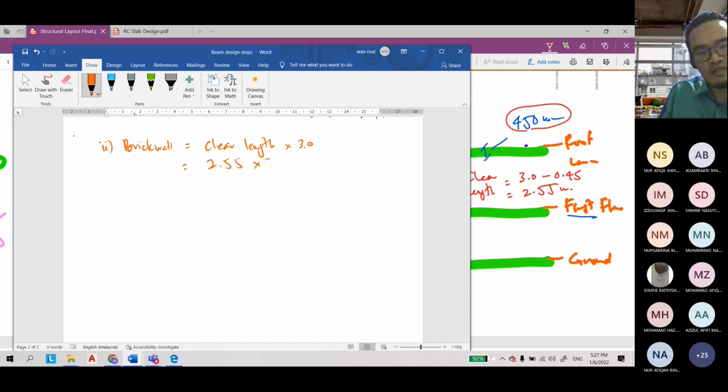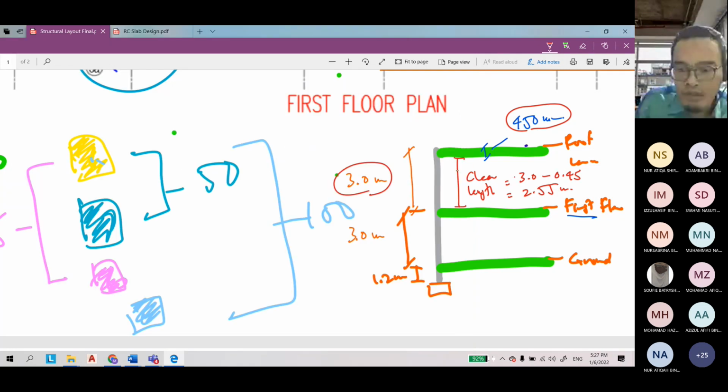Times 3.0, because the weight of the brick wall is here. For every 1 meter height, and every 1 meter run, the loading is equal to 3.0 kilonewton per meter.